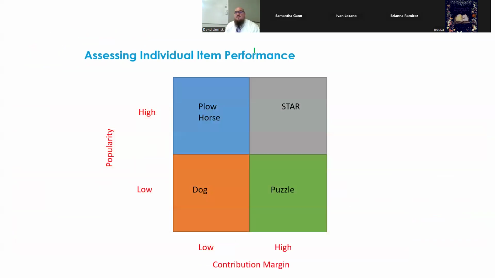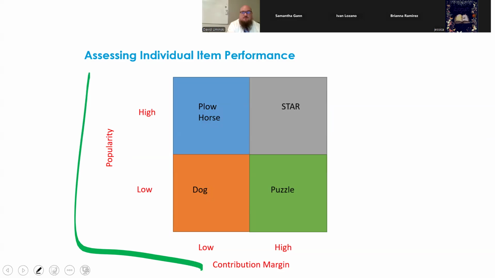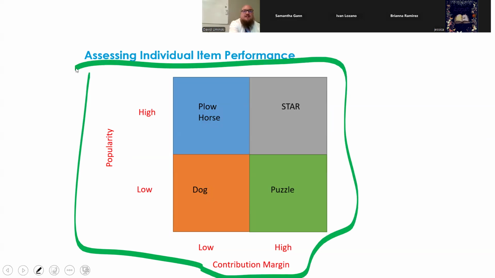All right. So on your notes page, those of you who have this worksheet, we have it here on the bottom, but I want you to draw it somewhere else on your notes page, on a blank piece of paper or something. I would like you to draw this square. Include everything that's in the green outline, all the text and everything.